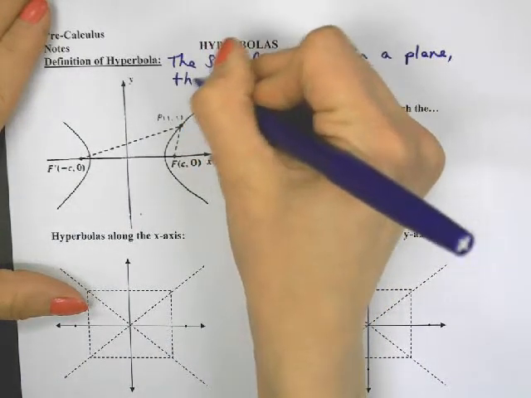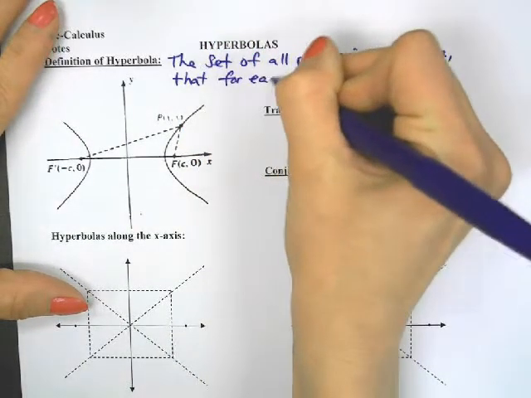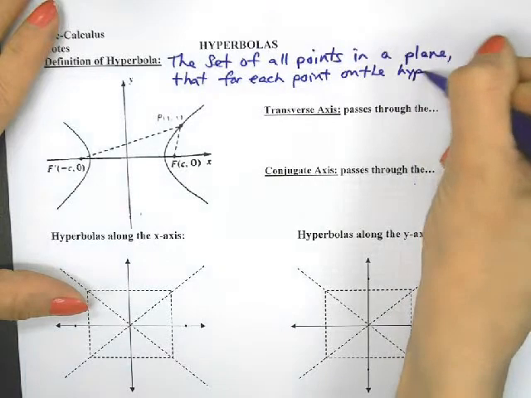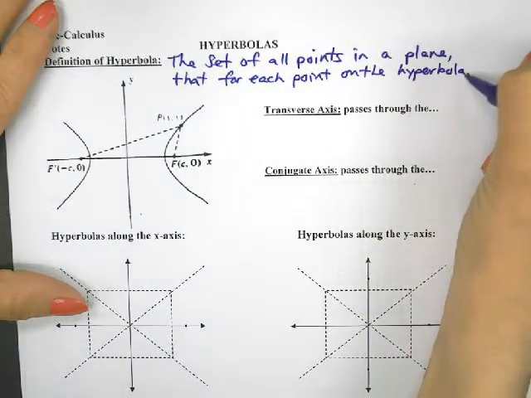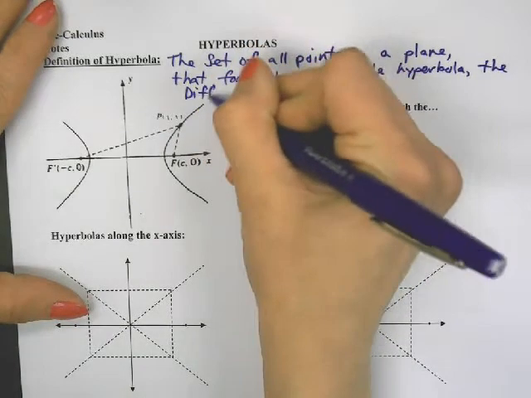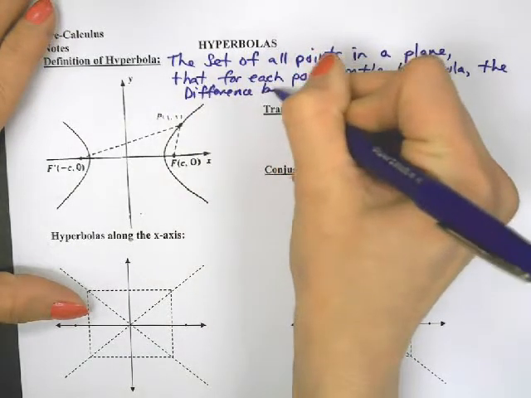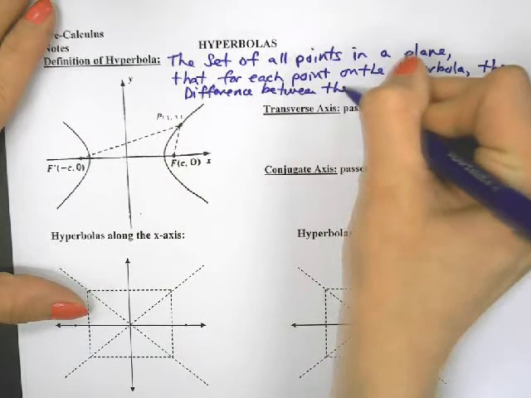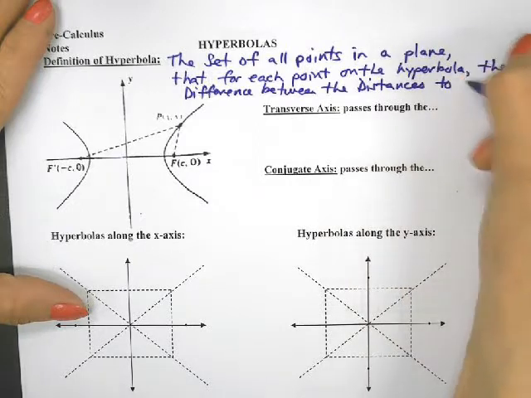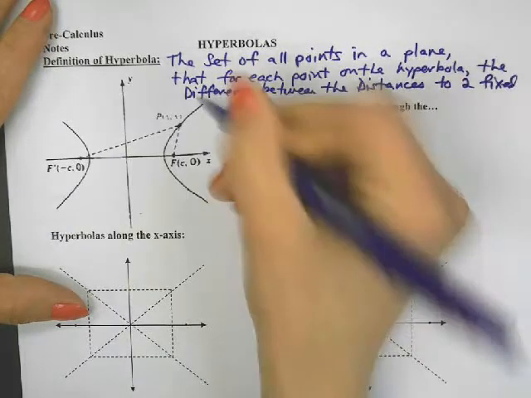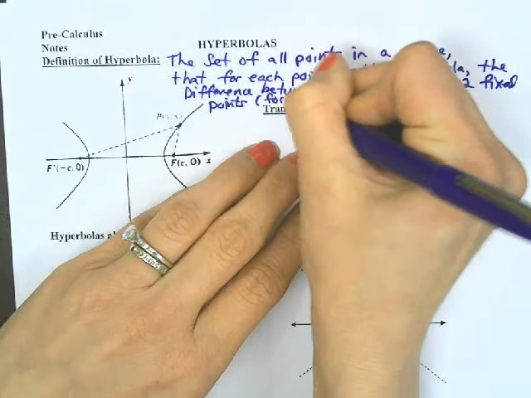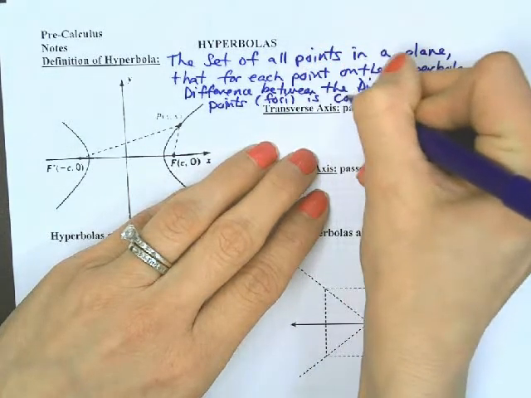that for each point on the hyperbola, the difference between the distances to two fixed points, and we're going to call those fixed points foci, is constant.